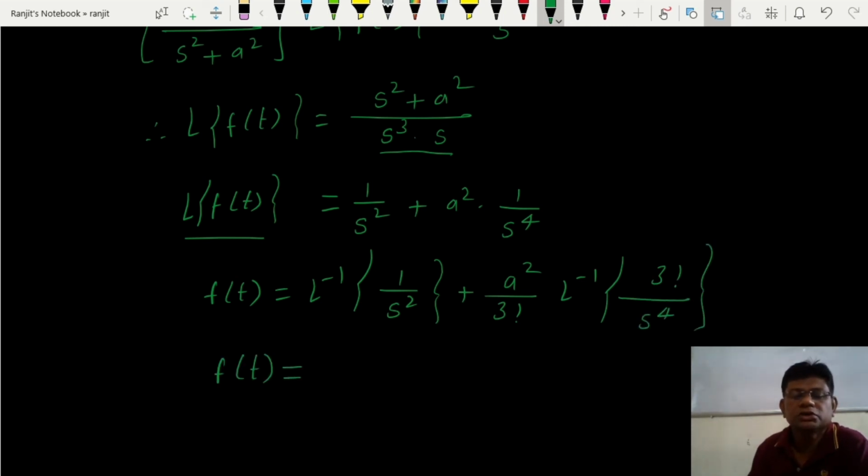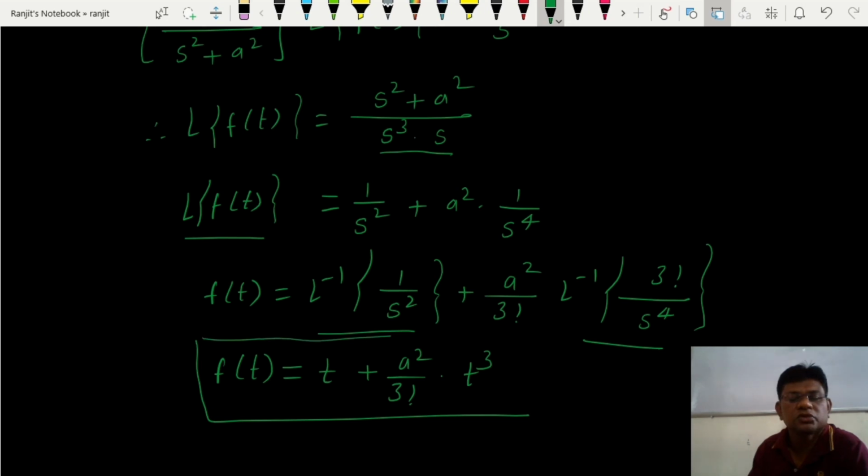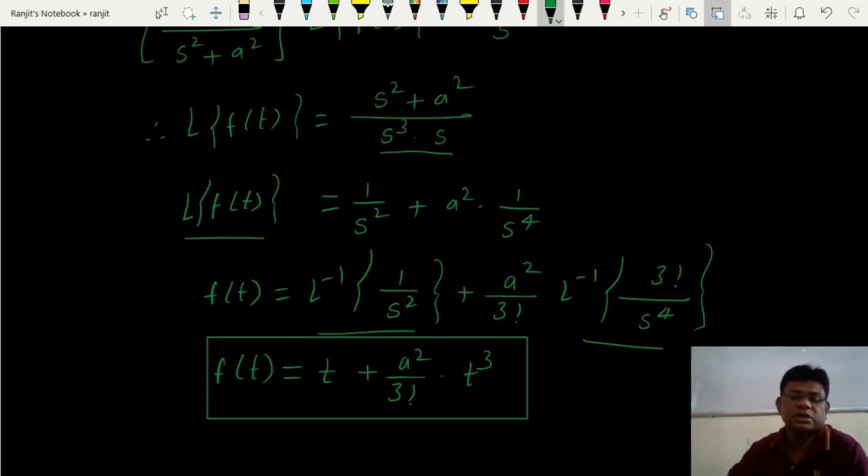Therefore, f of t is equal to inverse of 1 upon a square t plus a square divided by 3 factorial and inverse of 3 factorial upon s to the power 4. Answer is t to the power. This is the required solution for the given integral equation.